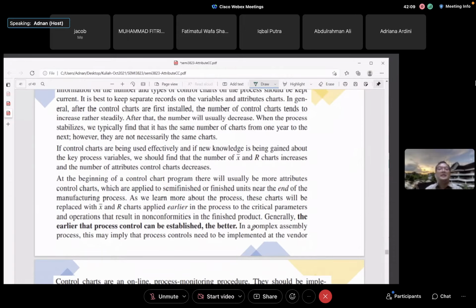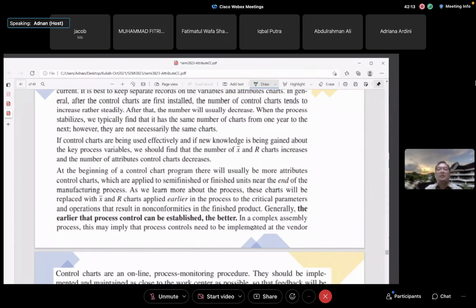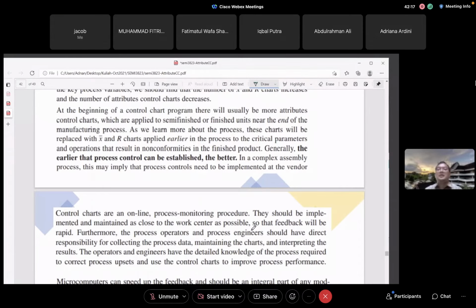I would like you to read this information. It has very useful information to guide us to implement this SPC, and it is widely used in practice, either you are implementing control charting in a Six Sigma project, or using control charts alone without a bigger project.